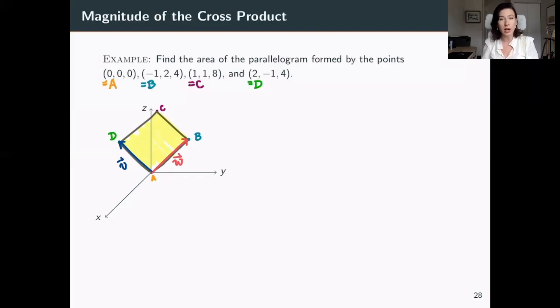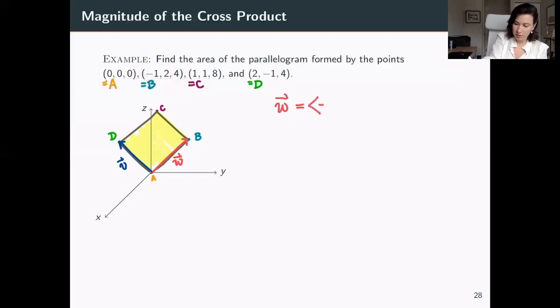We can use our understanding of the component form of vectors and position vectors to help us figure this out. Firstly, the vector W is going to be the vector that goes from the origin to the point B. So it's just going to be given by the vector with the components negative 1, 2, and 4.